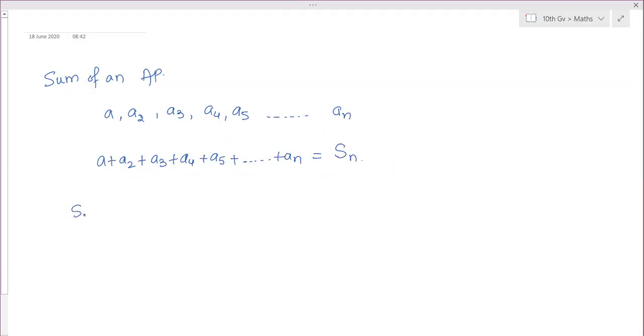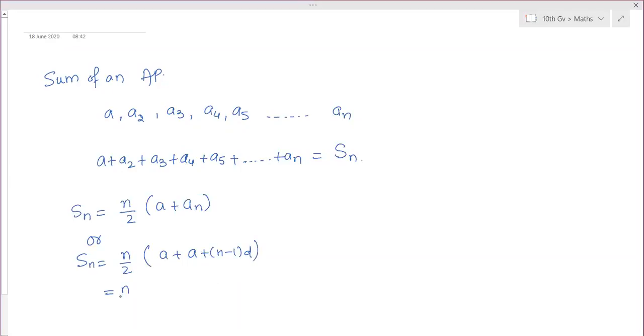And that is the formula: Sn is equal to n by 2 into a plus an. That is, n by 2 multiplied by first term plus last term. This is the formula. Or in place of the nth term, we can use the formula for an, that is a plus n minus 1 into d.